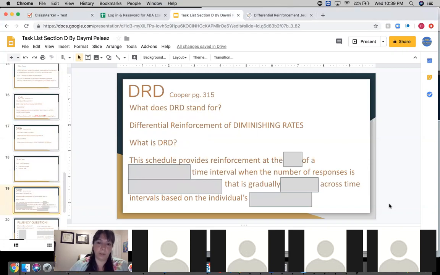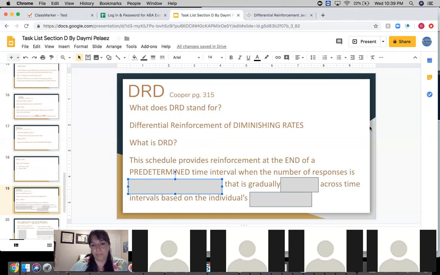Rate, perfect. Okay. So what I have here from Cooper is this schedule provides reinforcement at the blank of a, what do you think goes there? End. Perfect. End of a blank time interval. Predetermined. Nice job. When the number of responses is blank.